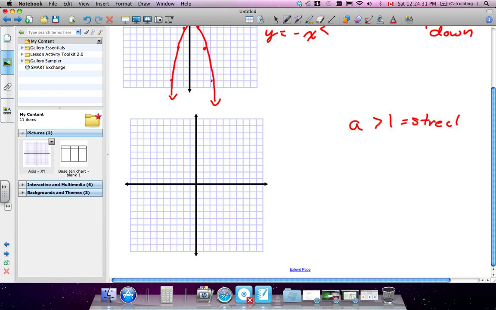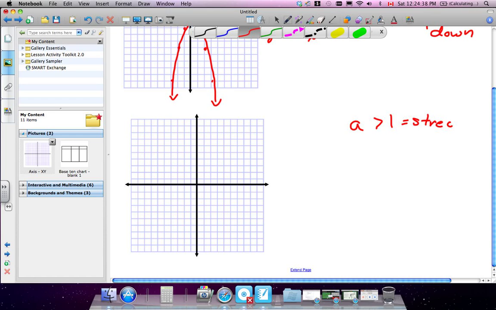Is that right? No. That's not right either. There's a T before the C. How can I spell stretch?